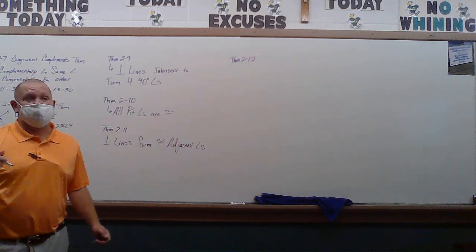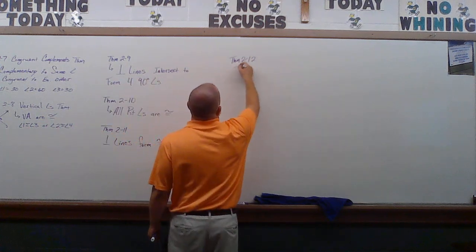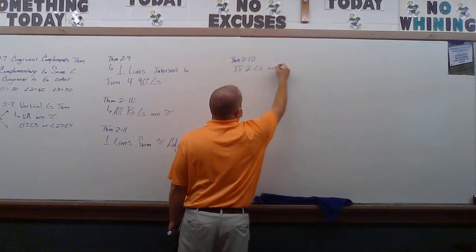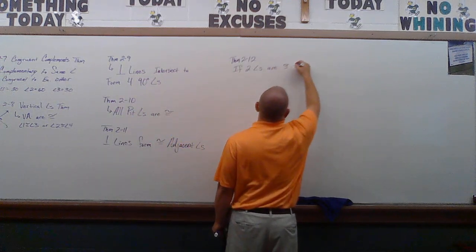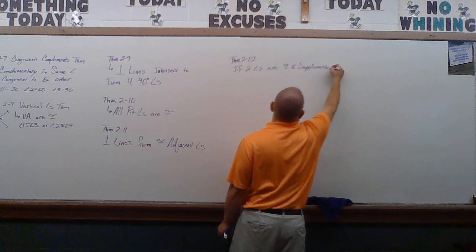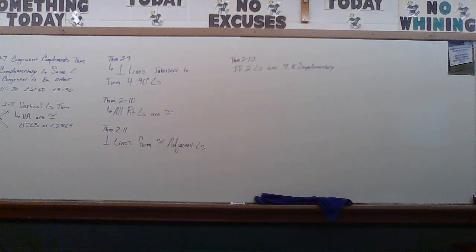2.12. If two angles are congruent and supplementary, what are they? They're 180, so what do both of them have to be?